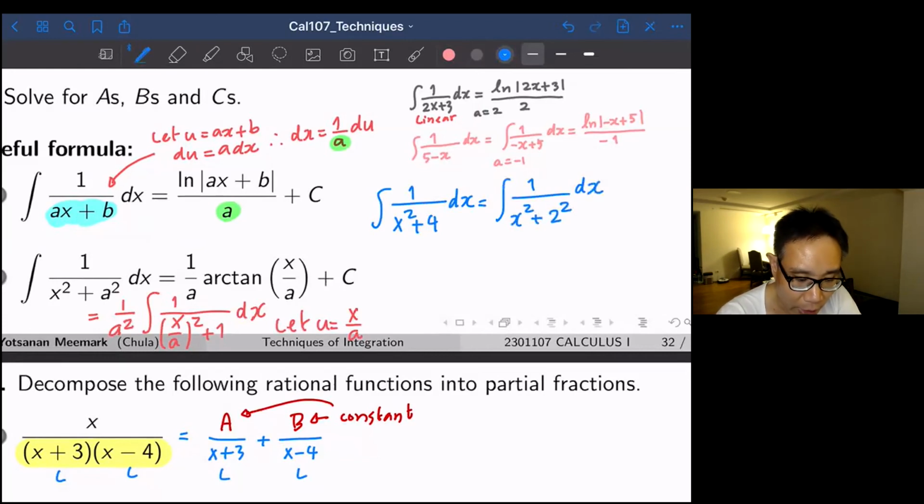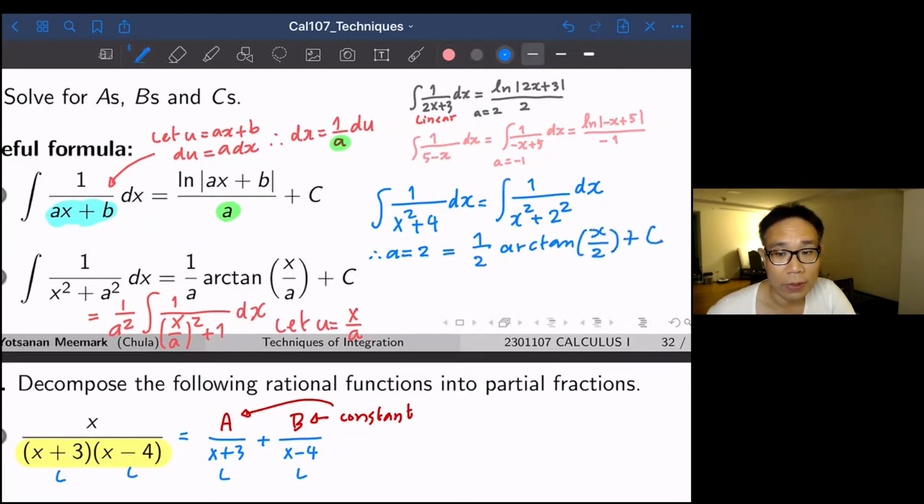So you get a equal to 2 in this case, and this turned out to be 1 over a, which is 1 over 2, arctan of x over 2, plus c. Okay, so this is how we integrate this one.